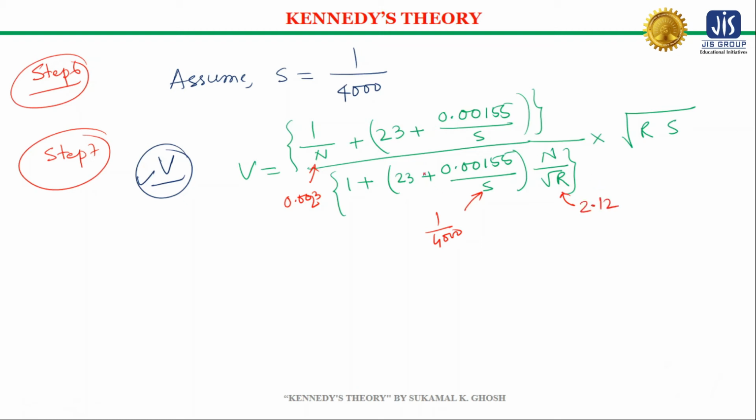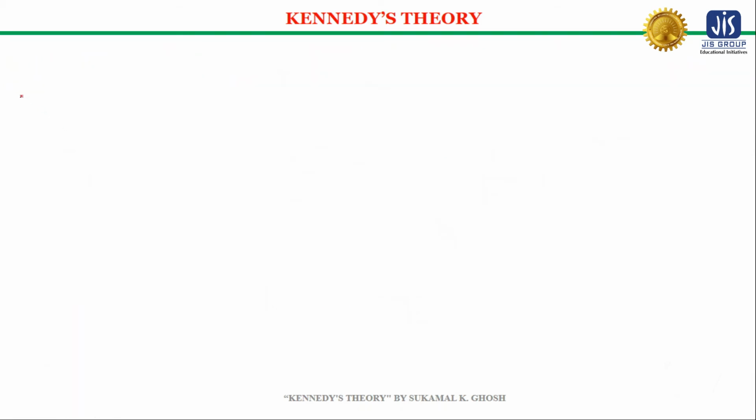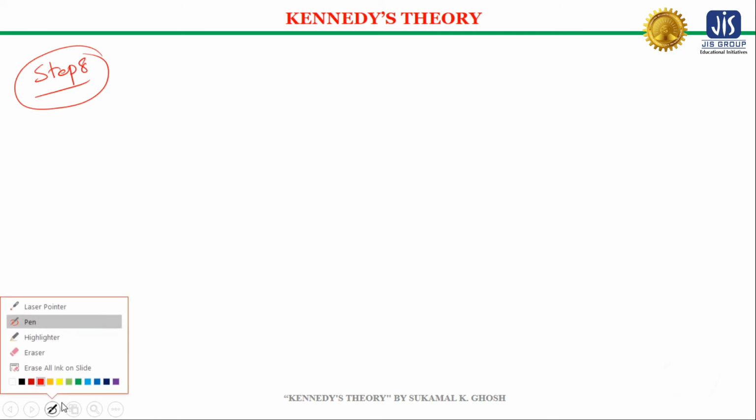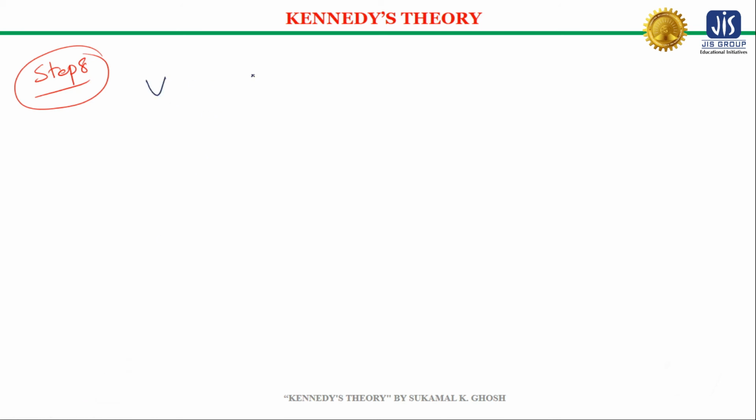So if you put all these values, you will have V equal to 1.114 meter per second. Now our last step, step 8, is we need to compare the V and V naught.